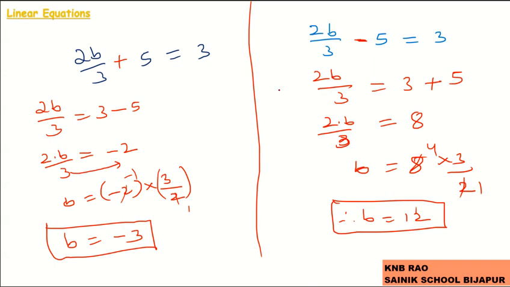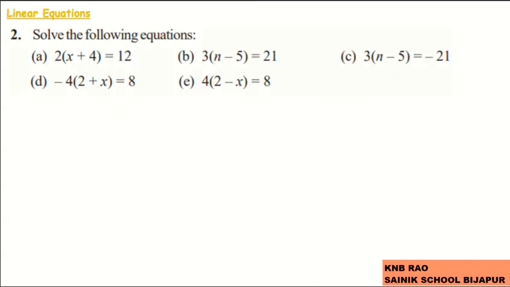Now students, we shall get into another important model of solving questions. Here this is question number B. Solve the following questions. We have the distributive property mainly used. You know the distributive property, multiplication over addition: a into b plus c is a into b plus a into c.